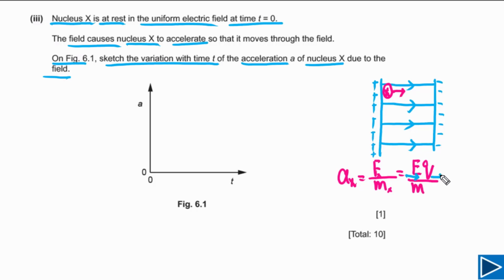Q is the same because the charge on particle is not changing. M is the same, so M is not changing. So it simply means that X has uniform acceleration. Acceleration is constant. It will not change with time. So simply we can draw the horizontal line, meaning the acceleration of particle X is constant. So that's all what you need to do. If you draw this horizontal line, you will get 1 mark.